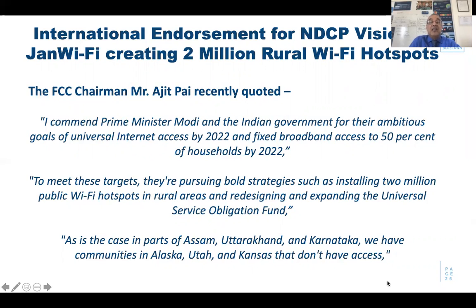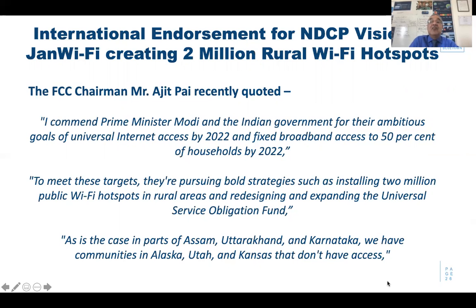To meet these targets, they are pursuing bold strategies such as installing 2 million public Wi-Fi hotspots in rural areas and redesigning and expanding the Universal Service Obligation Fund. And as in case of parts of Assam, Uttarakhand, and Karnataka, that is where I'm working, we have communities in Alaska, Utah, and Kansas that don't have access." So he has really complemented our efforts at that level actually.